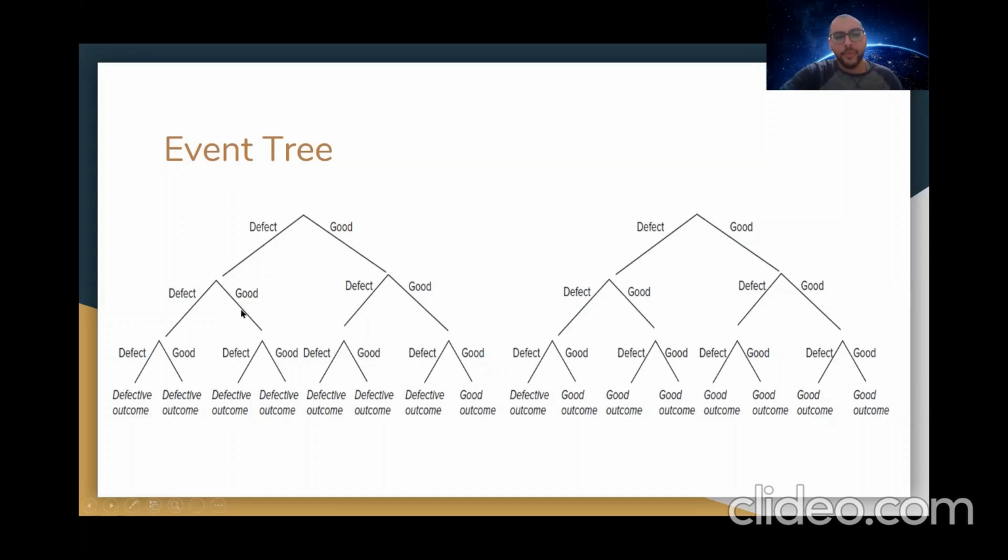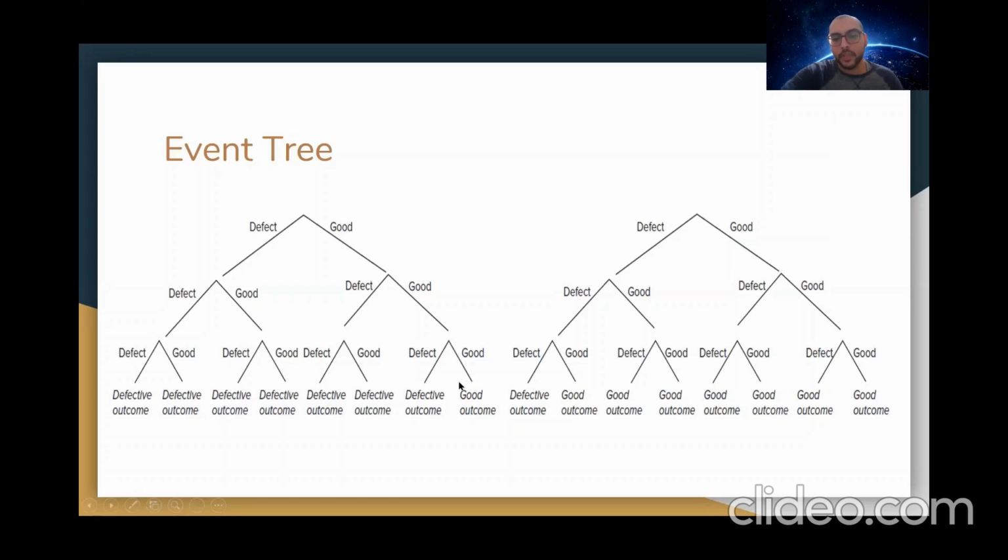And if we have a defect in the first step, but the second step has a good outcome, and the third step has a good outcome, we will also end up with a defective outcome. The only way to have a good outcome is to not make any errors at any of the 3 steps. So the first step has to have a good outcome, as well as the second step, as well as the third step.